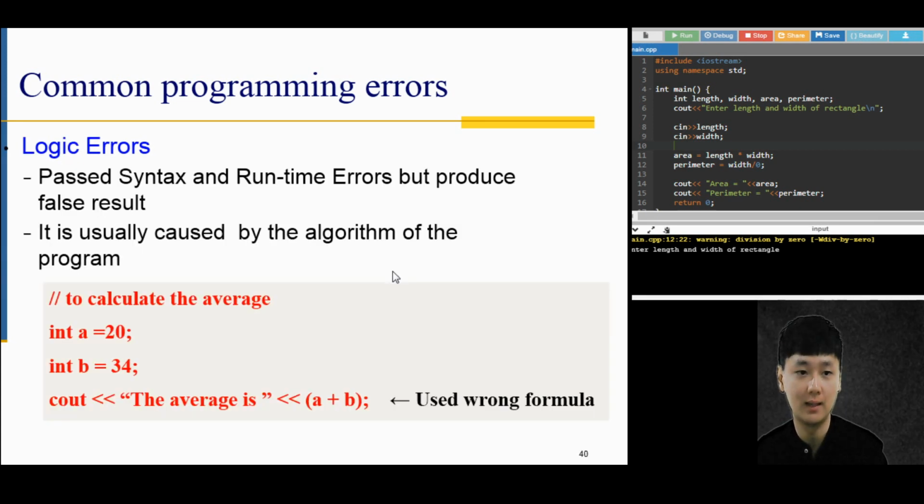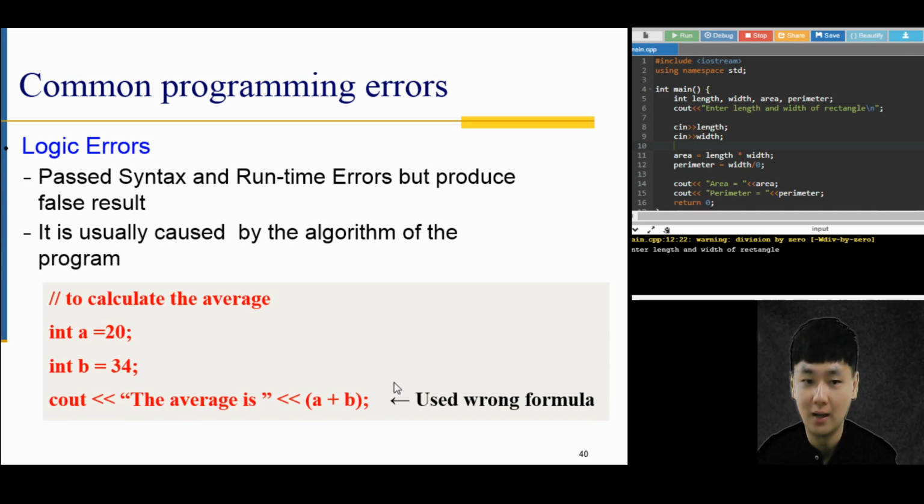So we have the last error, known as a logic error. A logic error passes the syntax and the runtime checks, but produces a false result. It's commonly due to human mistakes. For example, we have this code. We have a equal to 20, b equal to 34. What is the average for these two values? What is the formula for the average? It's a plus b divided by 2, right?